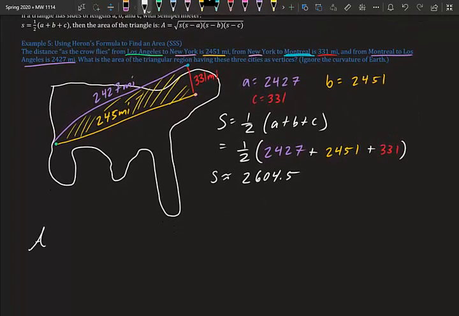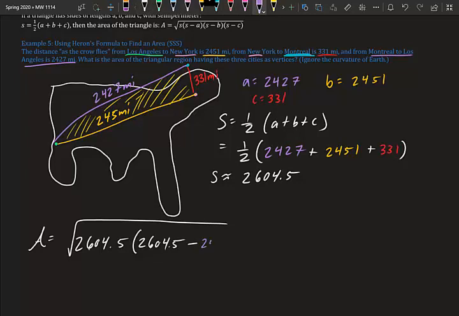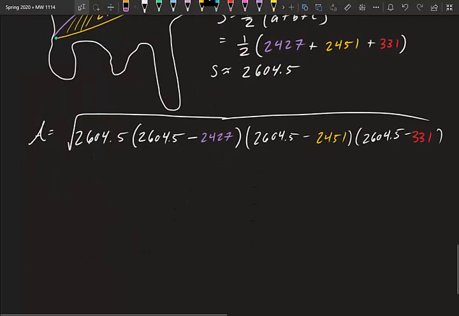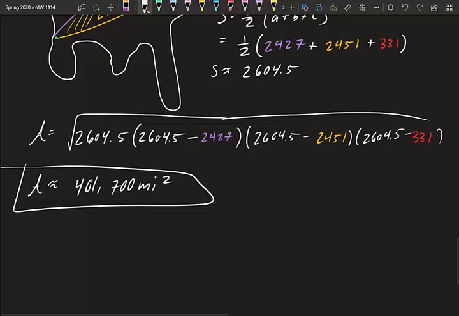So we have area equals the square root of S, so 2,604.5, times S minus A, times S minus B, times S minus C. Plug that into your calculator exactly the way it looks, and you get area is approximately 401,700 miles squared.